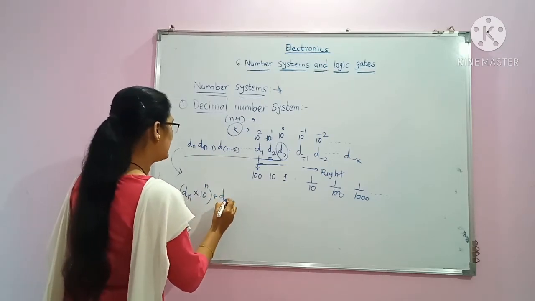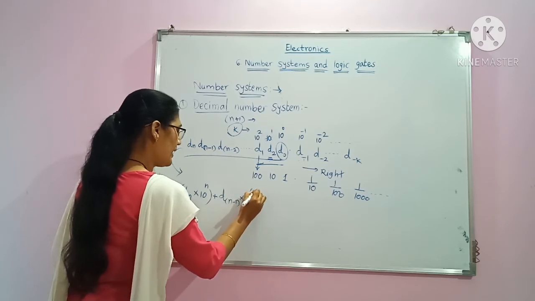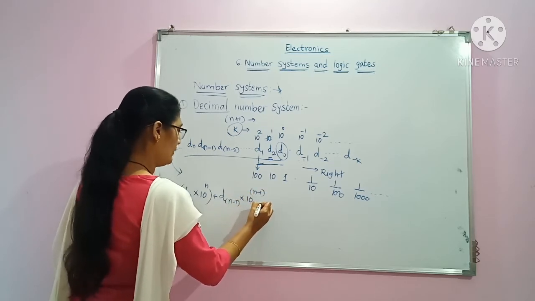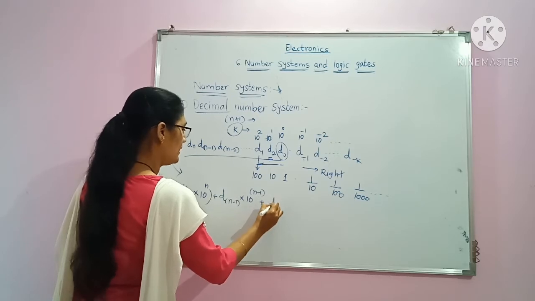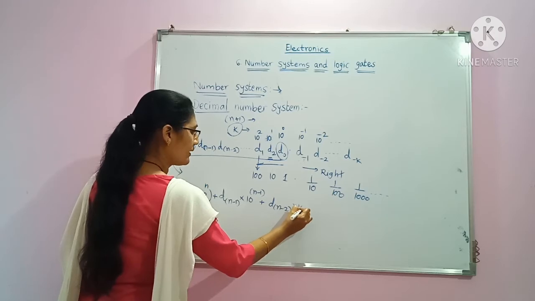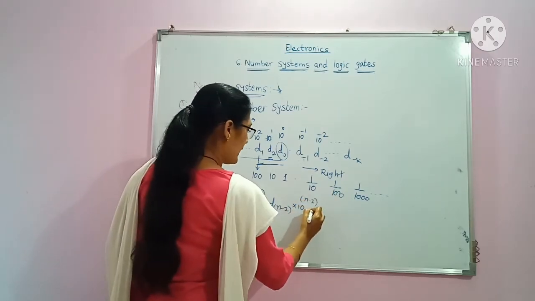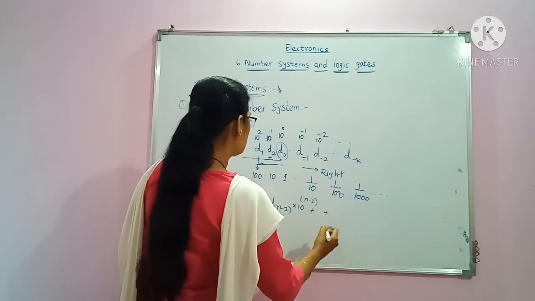So let's find it: d n minus 1 into 10 raised to n minus 1, plus d n minus 2 into 10 raised to n minus 2. Like that I have to add the terms.